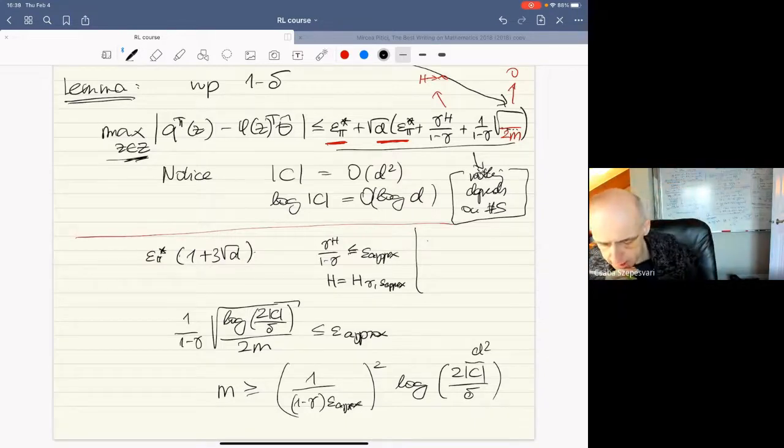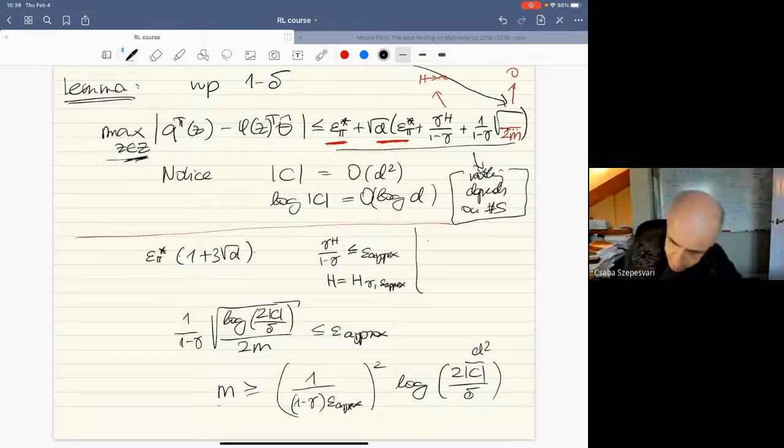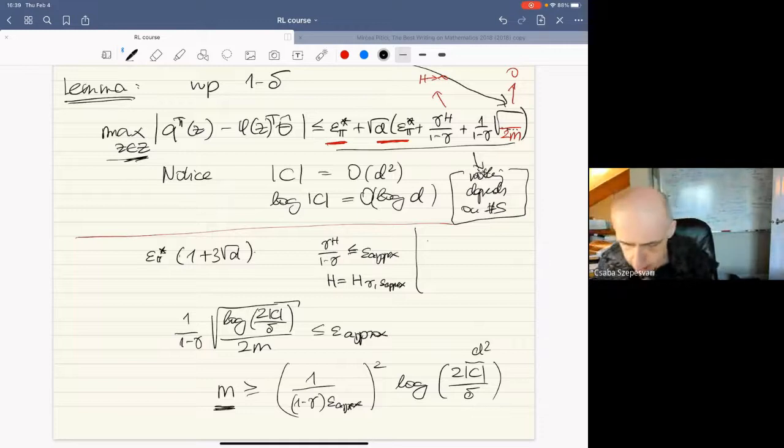Recall that this is just d squared, so this depends in a mild fashion on the dimension. And so if you use these many trajectories at these d squared states, then all the errors are going to be under control in every iteration.